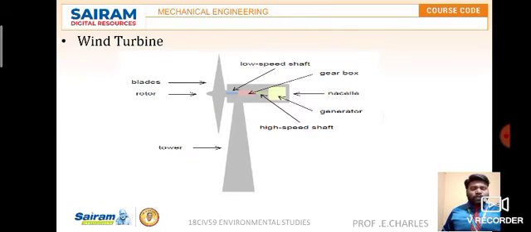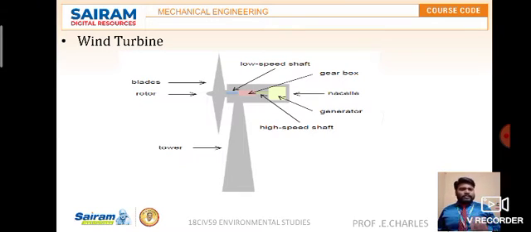It can be a 2-blade rotor, or it can be a 3-blade rotor. On top of the tower, the different components we can see are, first, the low speed shaft, second, the gearbox, third, the high speed shaft, and next, the generator. The entire thing is called a nacelle.